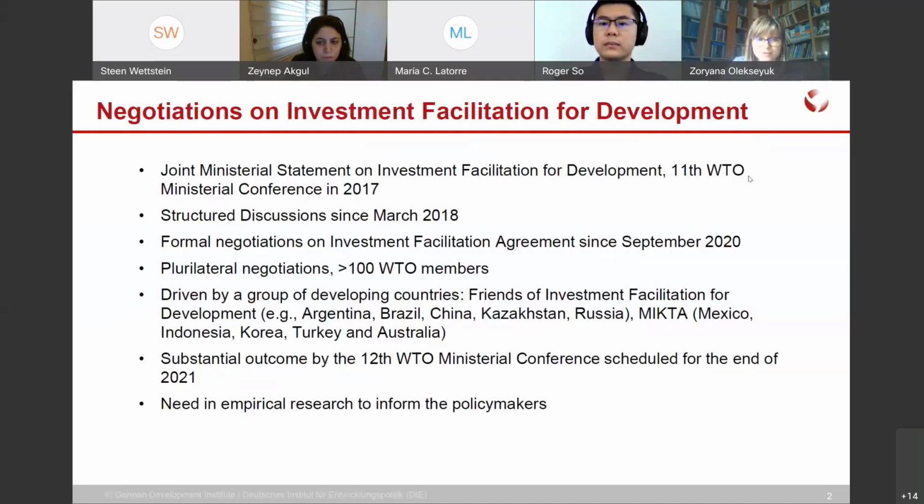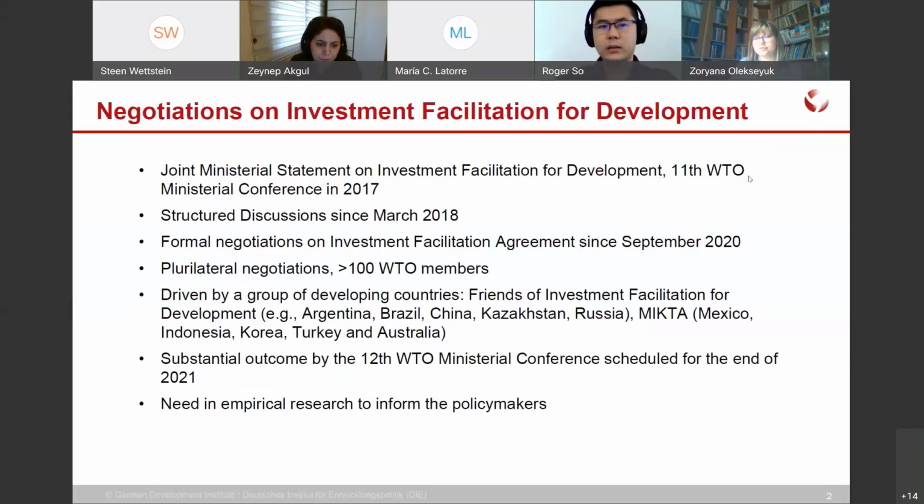And a very interesting key feature is that this process is driven by a group of developing countries. First of all, the Friends of Investment Facilitation for Development, including Argentina, Brazil, China, Kazakhstan, Russia, and the MIKTA countries with Mexico, Indonesia, Korea, Turkey, and Australia.